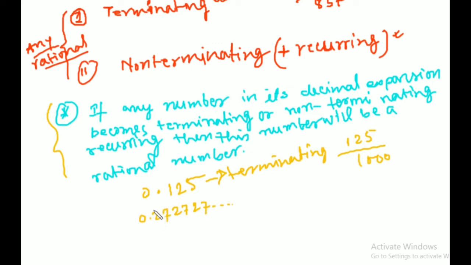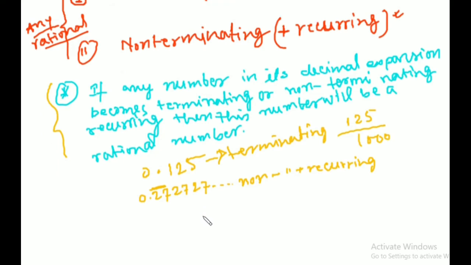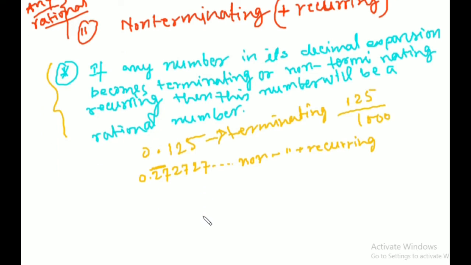This block is repeating again and again. So this is non-terminating plus recurring. Can we write this as P by Q? Let us see whether we can do it or not.